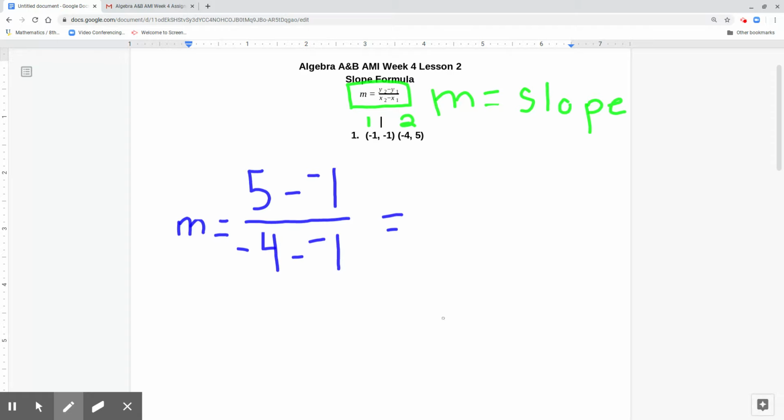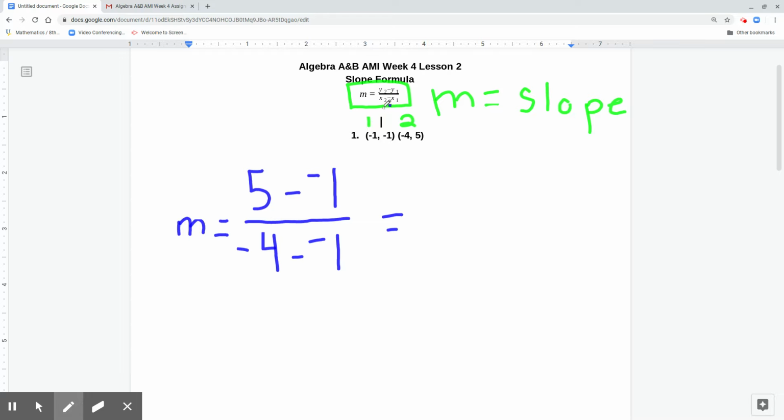Okay, so make sure you have your formula set up the same way as mine. We want to start with the y values on top. So I'm going to take y2, which would be 5, the second value from the second point, minus negative 1. So negative 1 is the y value from the first point.